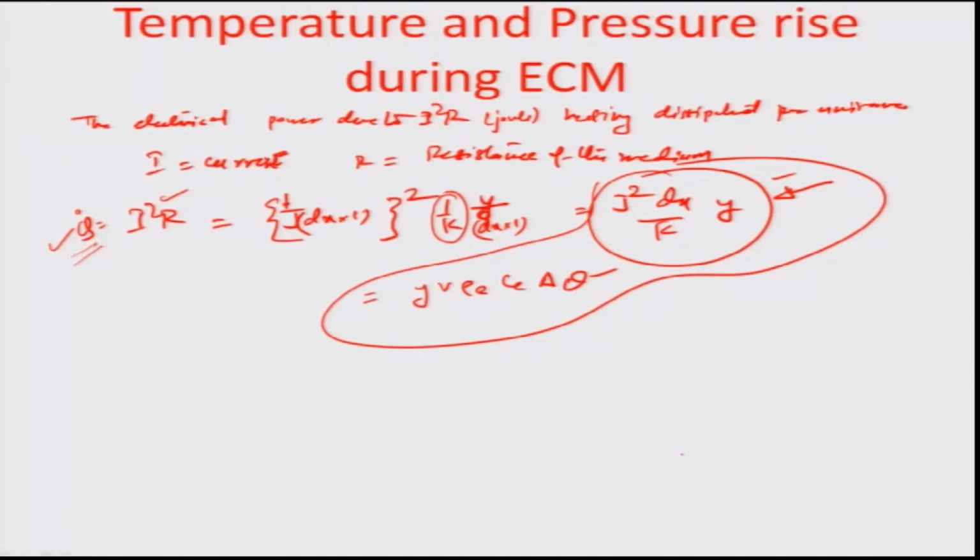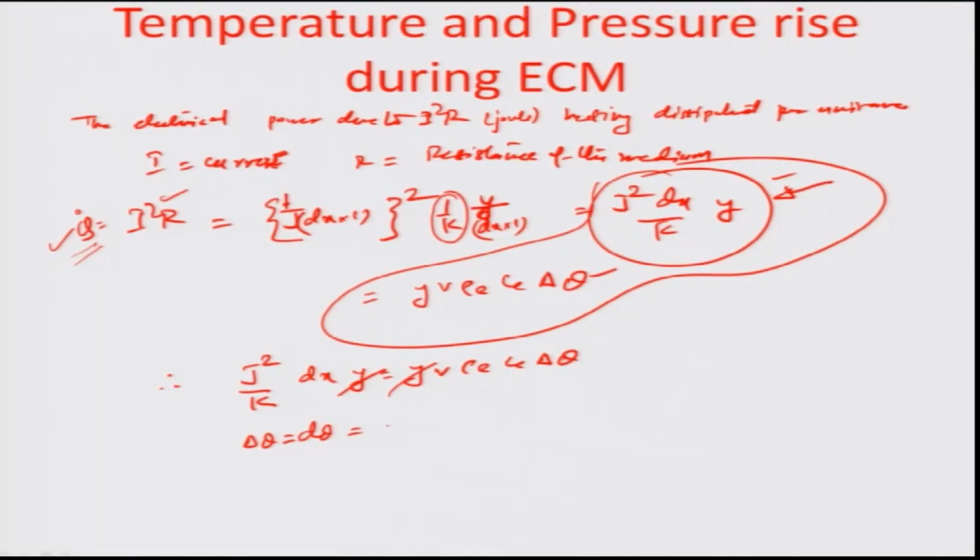And if we convert this into a more realistic equation, we can have j square by k times dx times y equals y v rho e c e delta theta. Let us cancel this y.